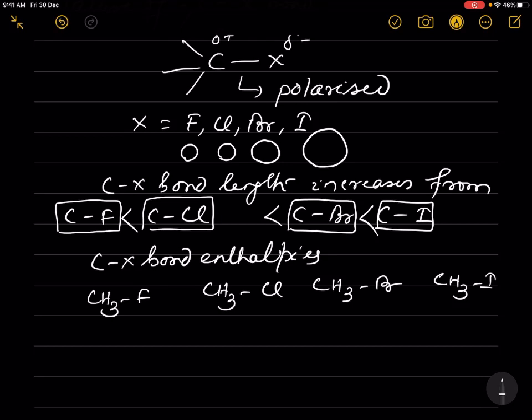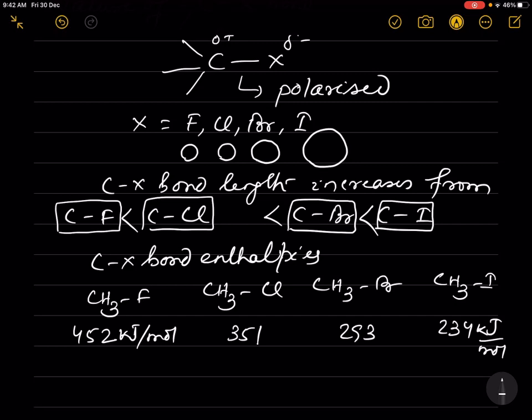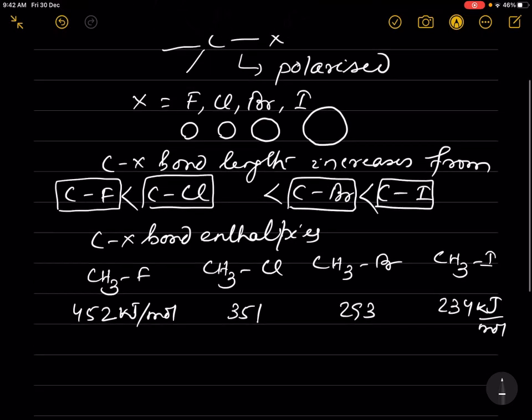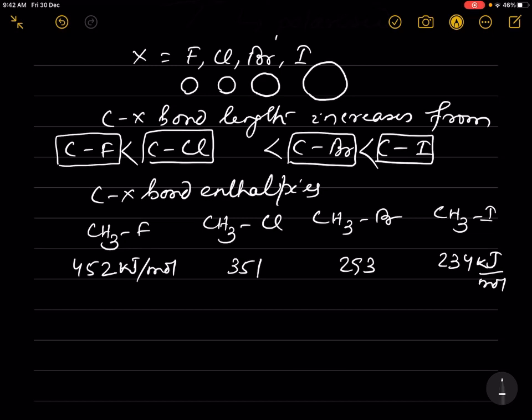The bond enthalpy of CH3F is 452 kilojoule per mole. This one 351, 293, 234 kilojoule per mole. So obviously the bond enthalpy of CH3F is more than CH3Cl, which is more than CH3Br, which is more than CH3I.